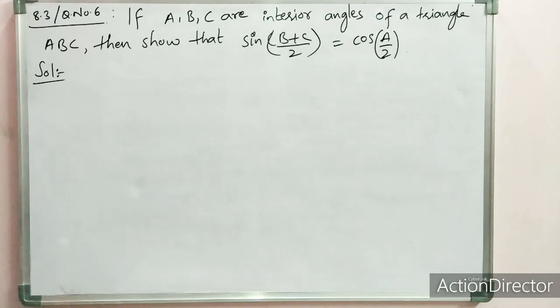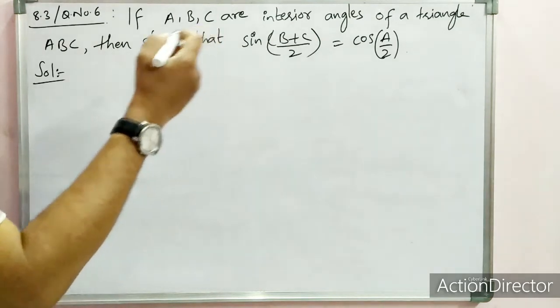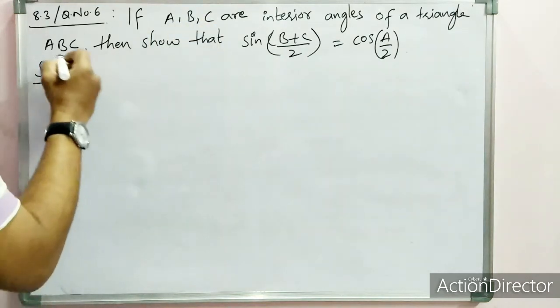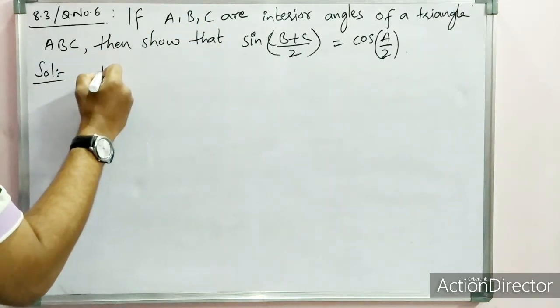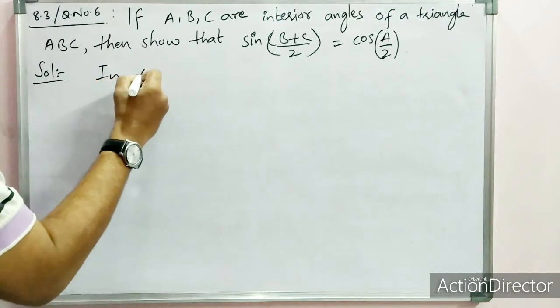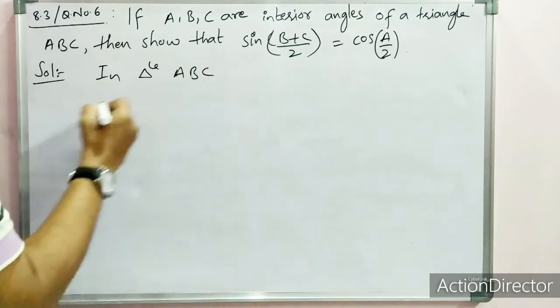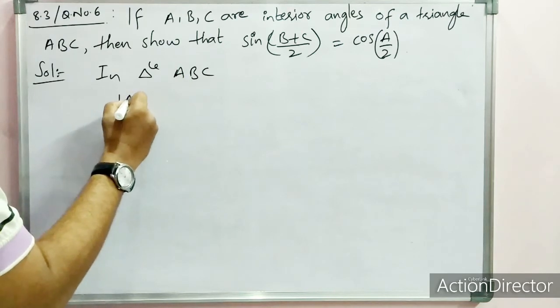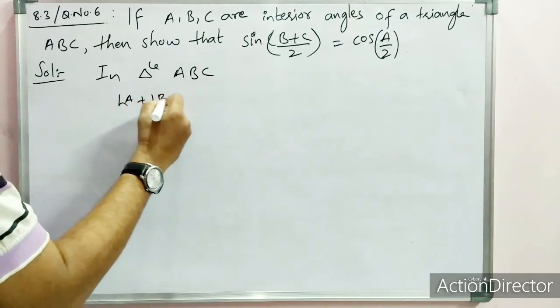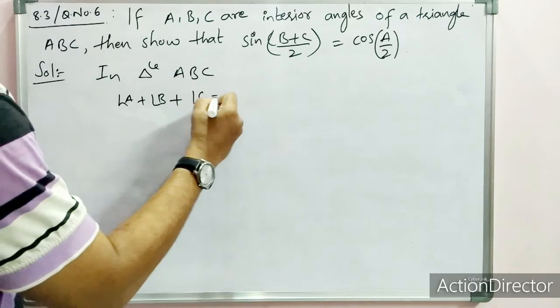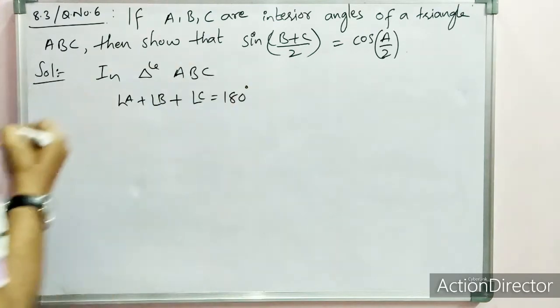Now the sixth question in this exercise: if A, B, C are interior angles of triangle ABC, then show that sin of (B plus C) by 2 is equal to cos A by 2. It is given triangle ABC. In any triangle ABC, the sum of the angles A plus B plus C is always 180 degrees.